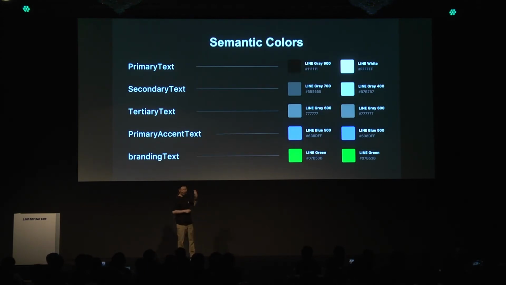As a result, now we have semantic colors in Line. It is already implemented. We have a list of 100 semantic colors. In one semantic color value, there are 2 sets of Line Design System colors. So everything is already in there. Developers and designers don't need to worry about what the specific dark mode color is for this component or this element, because it is already there.